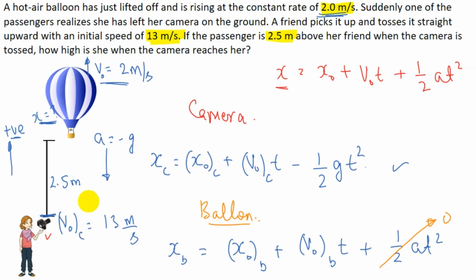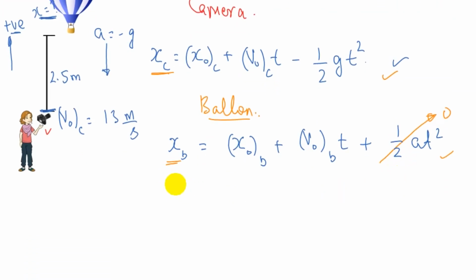Now when the camera reaches the passenger, the final position of the camera and the final position of the balloon are the same, so we can equate these two equations: xc equals xb. The initial position of the camera x naught c is 0.